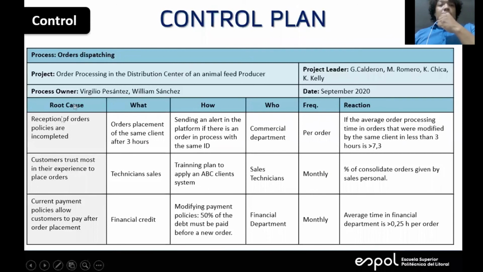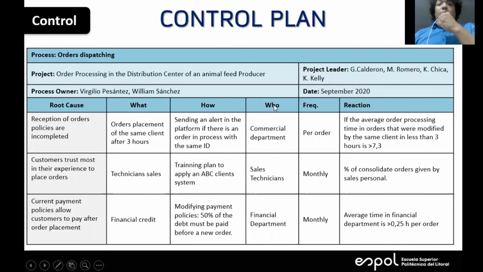In the control plan, we have the three root causes, and what, how, who, frequency, and reaction. In what, we have what I am going to measure. In how, we have how I am going to control the measure.